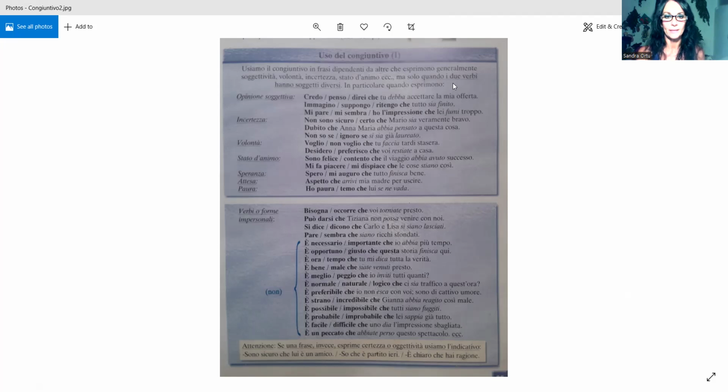So let me translate that. We use subjunctive in sentences which depend on other sentences, which express normally subjectivity, will, uncertainty, and feelings. However, I will remind you about this that's coming now.